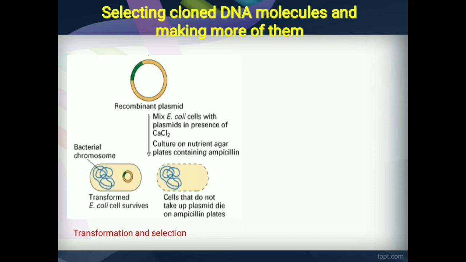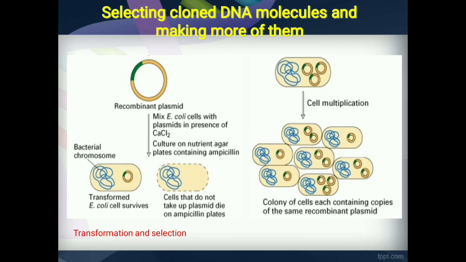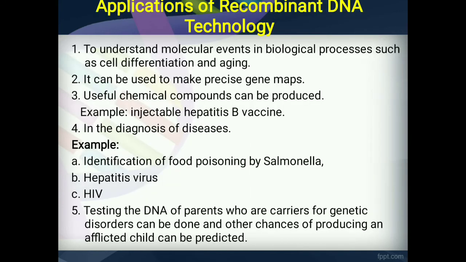So, this is transformation and selection. Here you can see the cell multiplication takes place, where the cells form a colony containing copies of the same recombinant plasmid. This is known as plasmid multiplication.